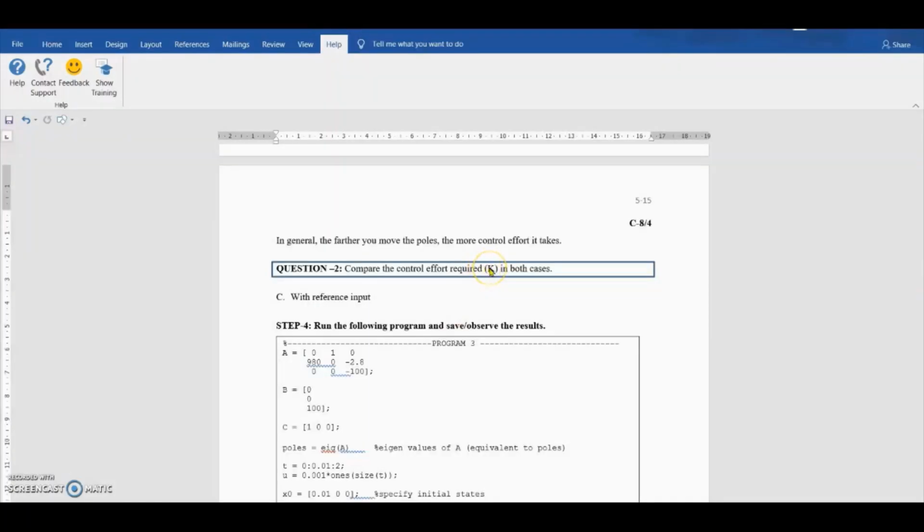If you want to make the system more stable, you need to provide larger input, and it may need an amplifier which can provide larger input. So it may cost you more.